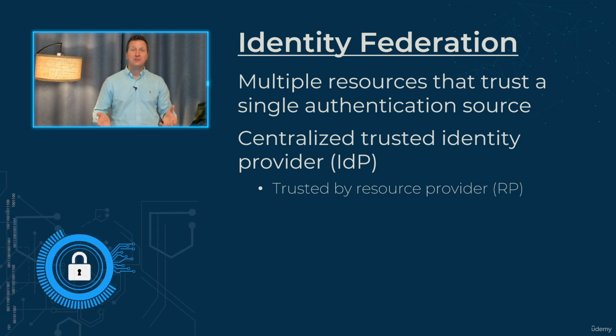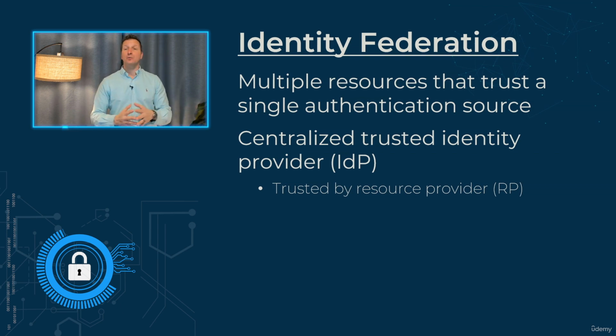Now that leads us into our next related topic, identity federation. What is that? It's one of those buzz terms that we hear quite a bit. Well, identity federation is pretty much what we've just seen. It means that you've got a bunch of resources, in this case websites, that will trust a single authentication source, in our case, Google. But it might also trust Facebook or Twitter or whatever the case might be.